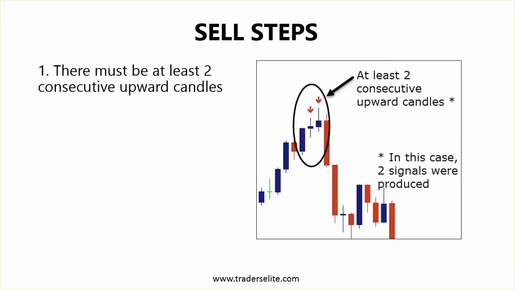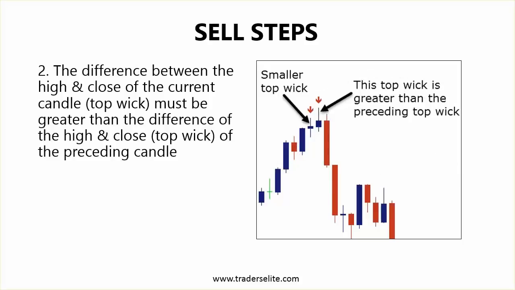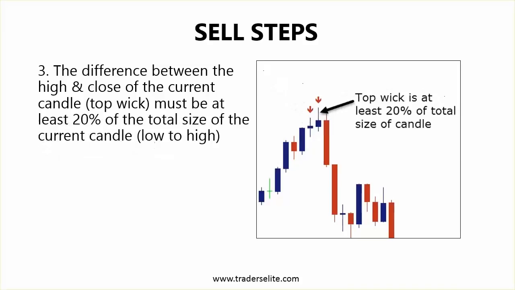So having a little closer look at it, once again, there must be at least 2 consecutive upward candles. In this case, 2 signals were produced. That happens quite often, you'll see in the marketplace. Number 2, the difference between the high and close of the current candle top wick must be greater than the difference of the high and close top wick of the preceding candle.